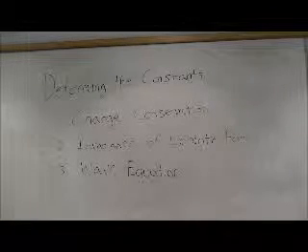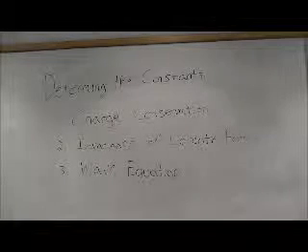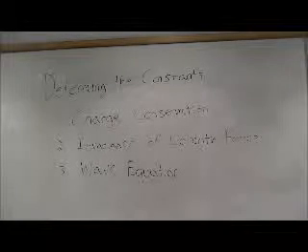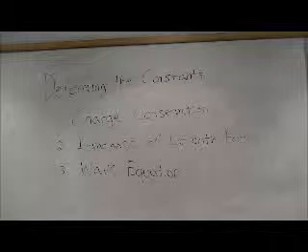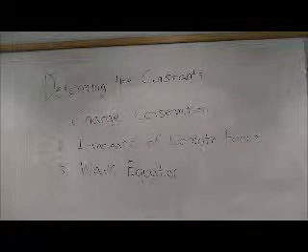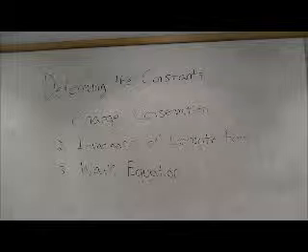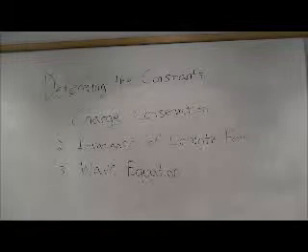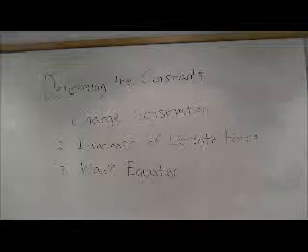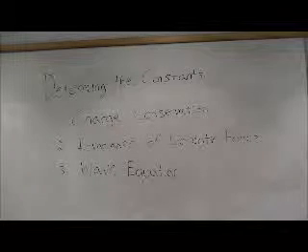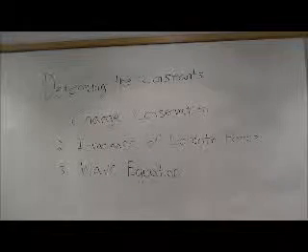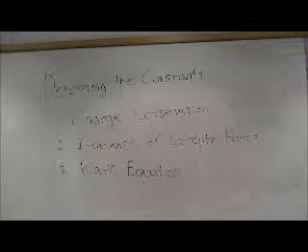The invariance of the Lorentz force: the Lorentz force must be invariant under a Galilean transformation, for velocity much less than the speed of light. And then the wave equation, where the universal propagation speed c, the speed of light, must be contained in the wave equation derivable from the equations obtained in the last section.